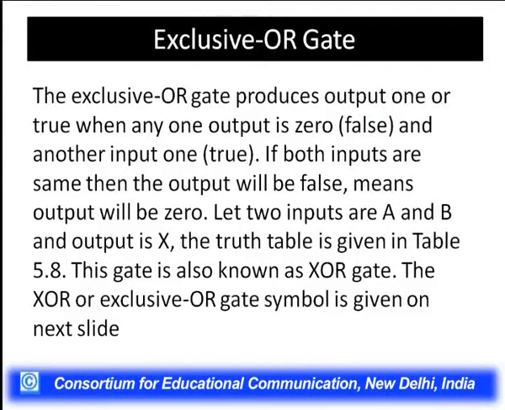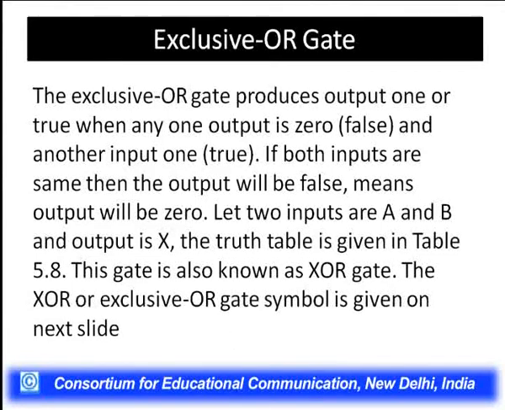Now let us see the exclusive OR gate. The exclusive OR gate produces output 1 or true when one input is 0, false, and the other input is 1, true. If both inputs are the same, then the output will be false, meaning the output will be 0.